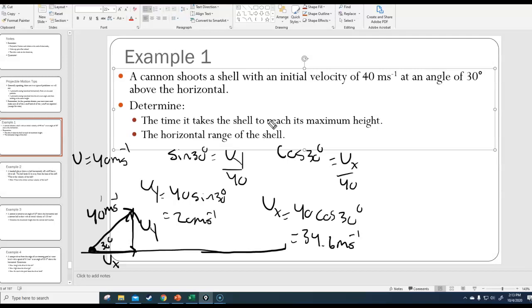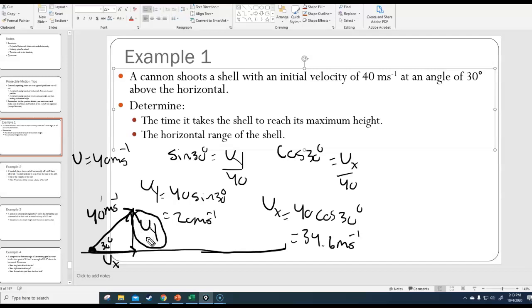Now, here's what not to do. What some people will do is say, okay, I just solved for uy, that's 20 meters per second, so that's the maximum height. No, that is completely wrong. Don't take this picture I drew too literally. This is not height. Number one, this is a velocity vector, so it doesn't make sense that this side would be height.